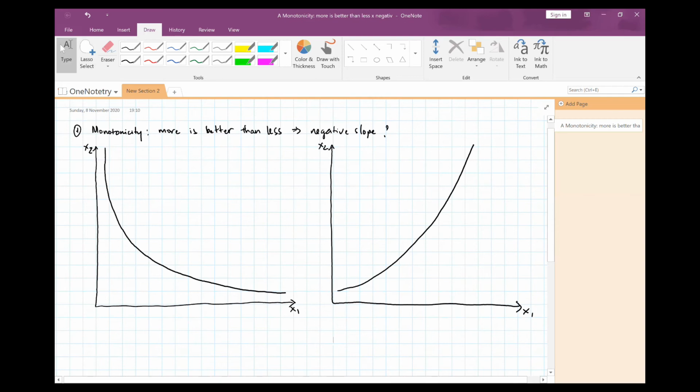Here we have a downward sloping, or negative slope, indifference curve on the left-hand side. Let me change it to red. Let's say we have a point A with x1a and x2a on the curve.